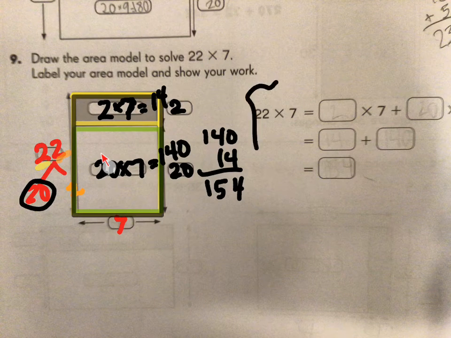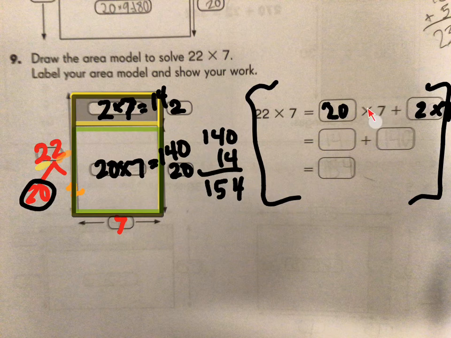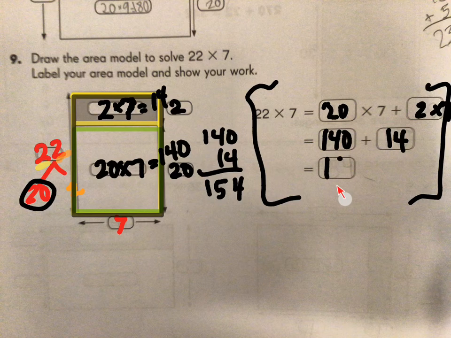Now, how do we fill in this part over here? Well, we're saying that 22 times 7 is 20 times 7 and 2 times 7. Then we solve. 20 times 7 is 140, and 2 times 7 is 14. So 140 plus 14 is 154.